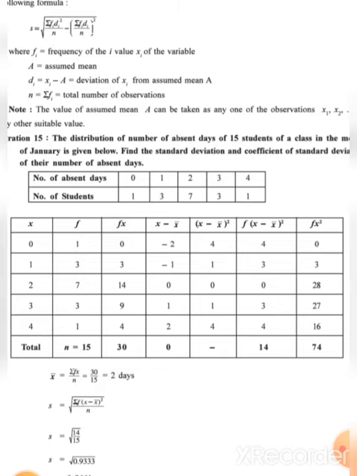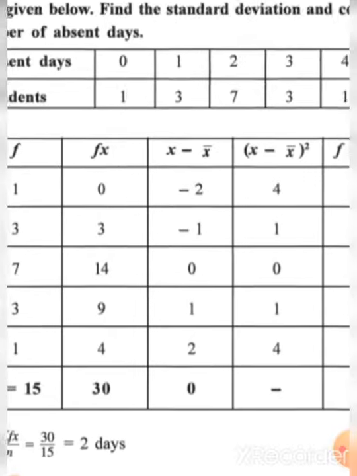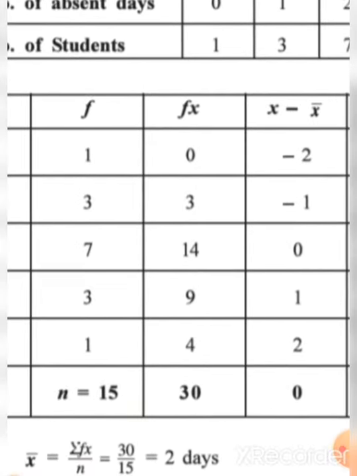Now we need to find out fi xi, because when it is grouped data, the formula for mean also becomes sigma fi xi upon n. So the formula for the mean, that is x bar, is sigma fi xi upon n.